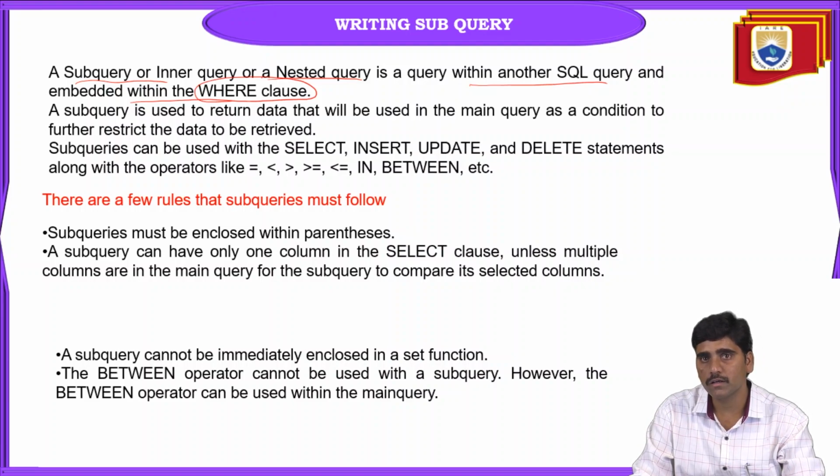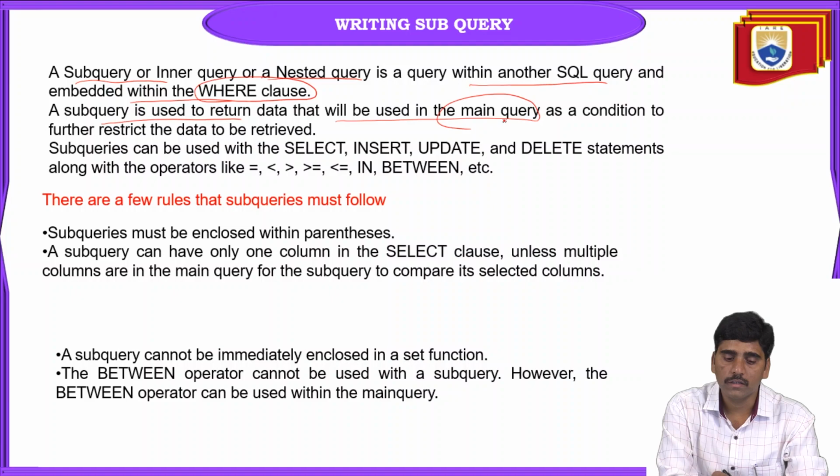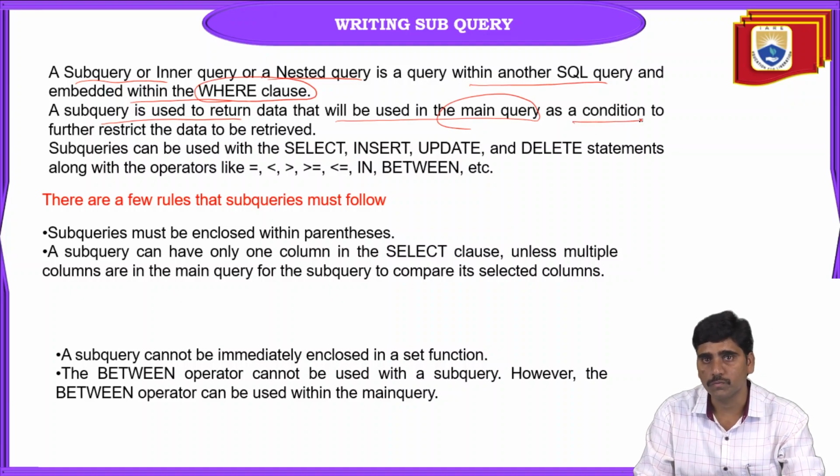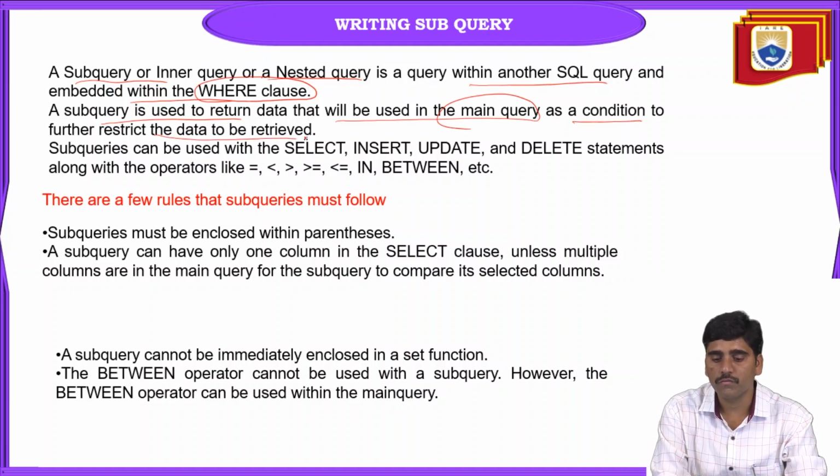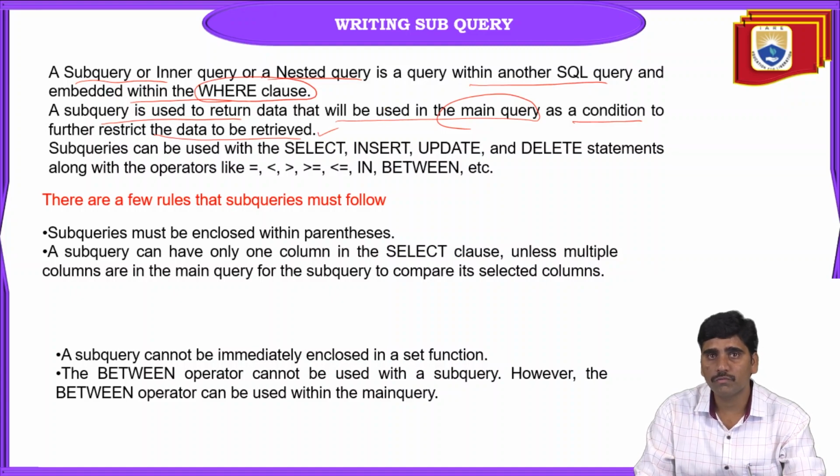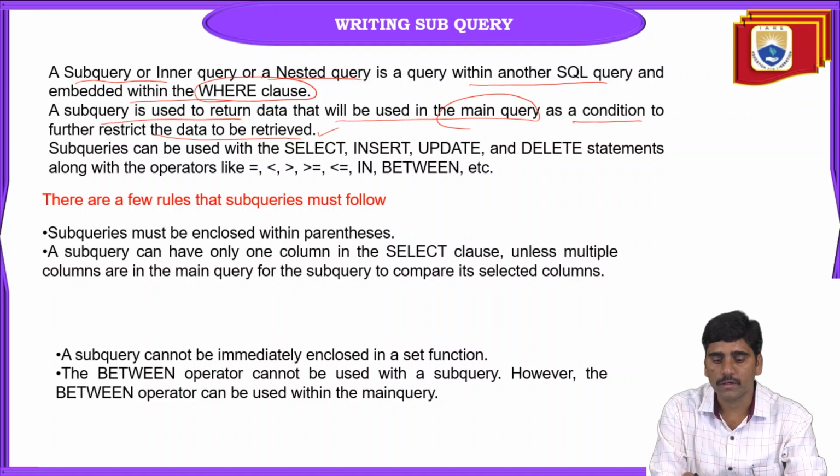So we can write a query inside of another query, which is called an inner query or nested query. It is embedded within the where clause. A subquery is used to return data that will be used in the main query as a condition to further restrict the data to be retrieved.